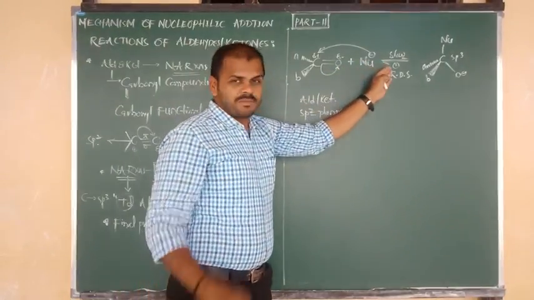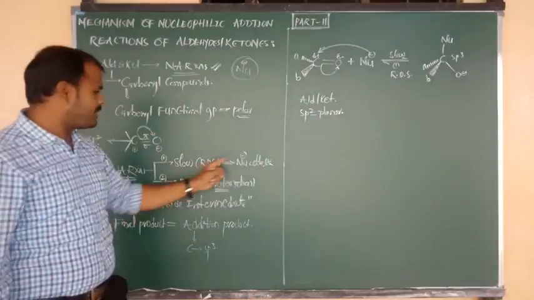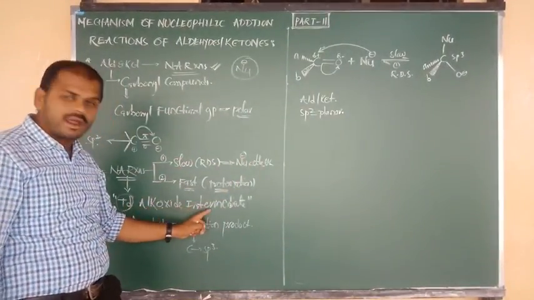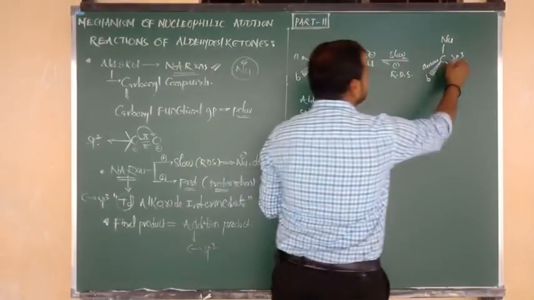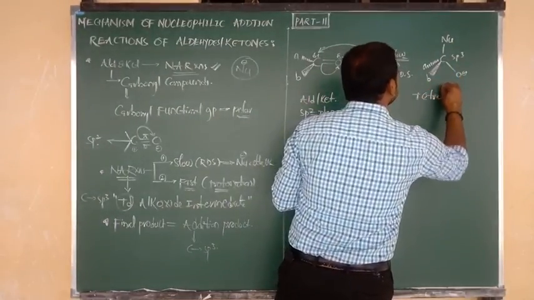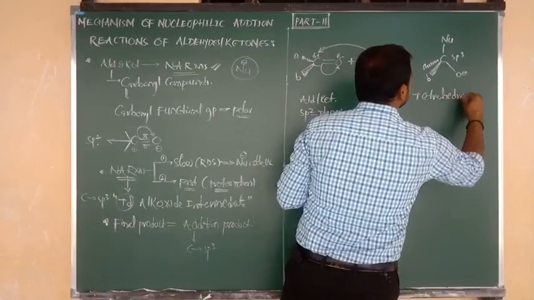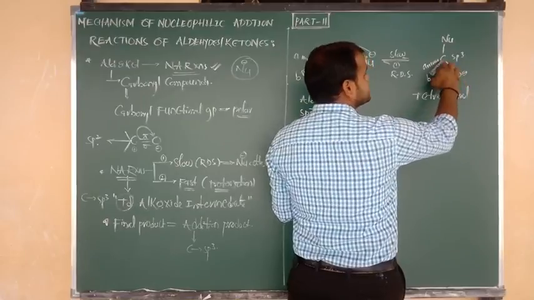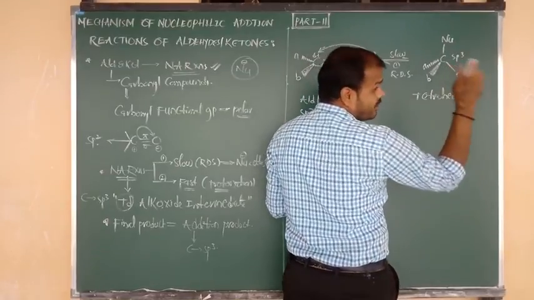So in step 1, the slow step, nucleophilic attack takes place and forms the tetrahedral alkoxide intermediate. sp3 hybridization means tetrahedral, looking like CO minus, CH3O minus, RO minus, alkoxide.